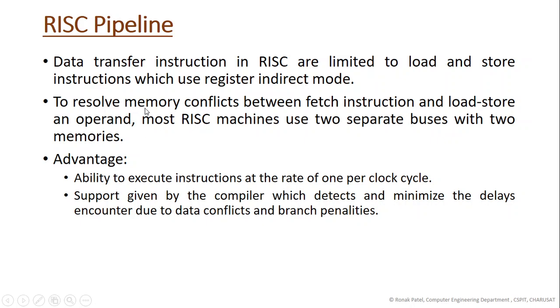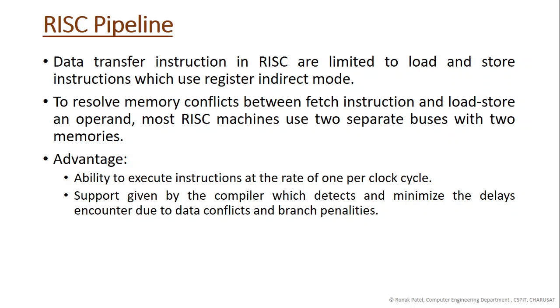Now, to resolve memory conflicts between fetching instructions and load, store operands, this is already discussed, right? I have just told you. Because you are fetching the operand as well, getting the operand from memory to register while using load and store, and you are also fetching the instruction.